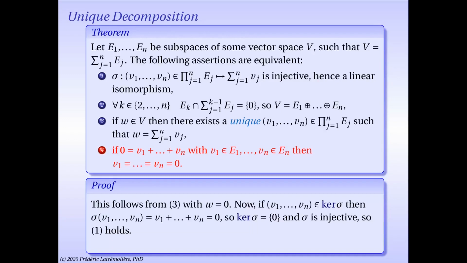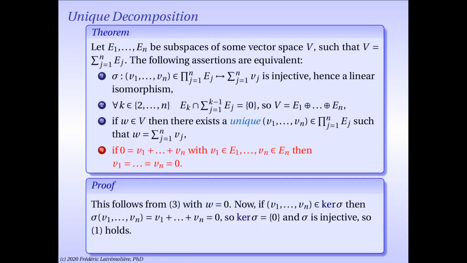It means you're calculating v1 plus v2 plus vn. So such an n-tuple is in the kernel of sigma if and only if v1 plus v2 plus etc. plus vn is 0, which by point 4 means that v1, v2, v3, etc. are all 0. So in summary, the kernel of sigma is reduced to the singleton 0. That's all there is in there. And therefore sigma, as a linear map with a kernel reduced to the singleton 0, must be injective. And so we looped. We get our equivalence.